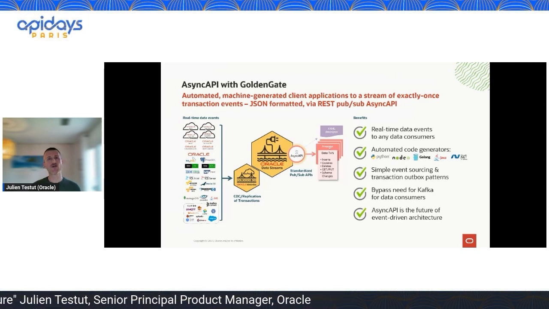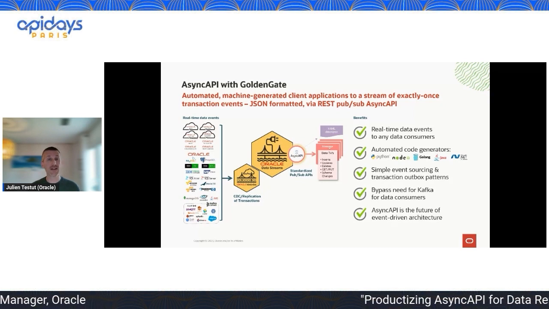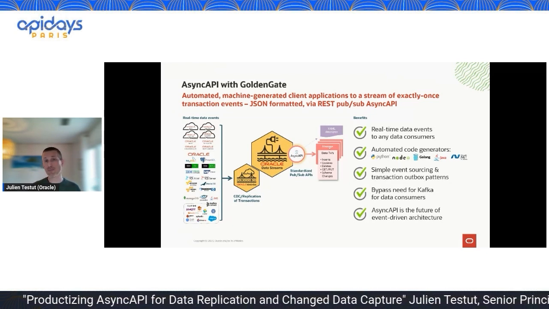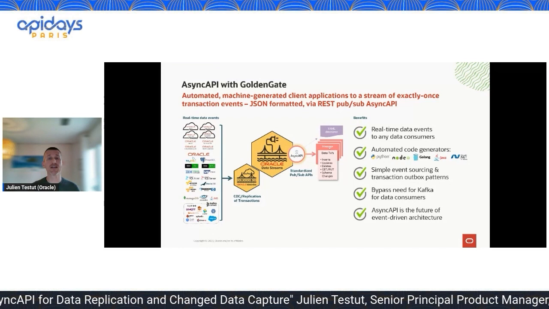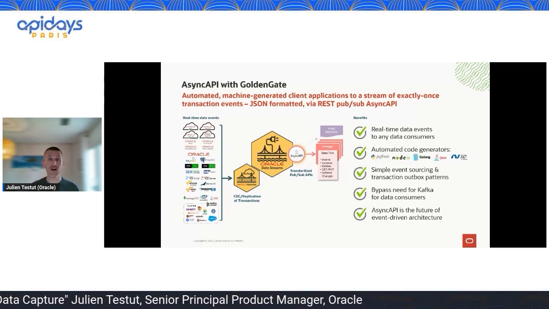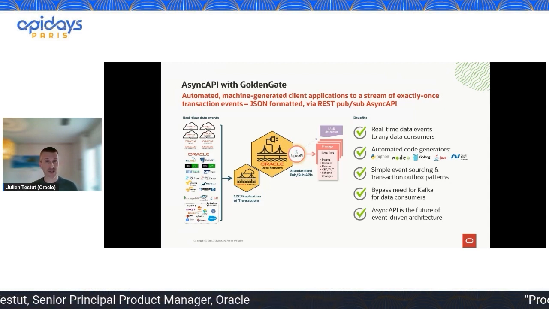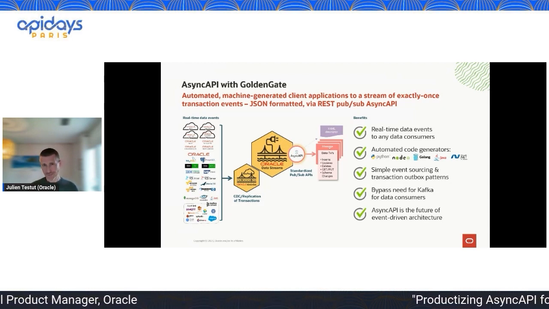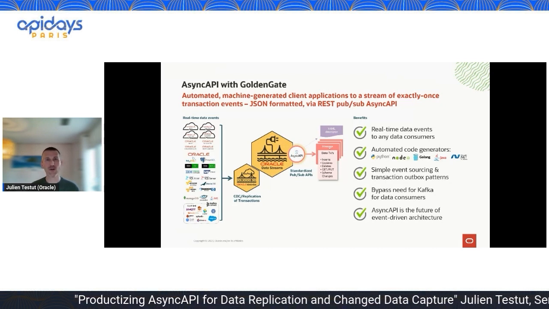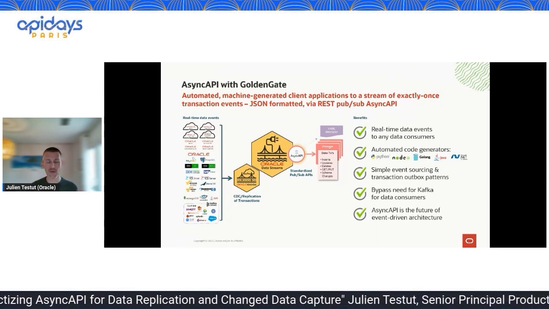It provides users with the ability to expose those as Async API channels directly from GoldenGate, and then allows anybody to consume the change data, subscribe to those change data events, generate code using the YAML document that we provide, and really simplify the way they implement microservices patterns like transaction Outbox, but also without requiring necessarily a message broker, because GoldenGate with the Async API can basically do that job, if I can say.